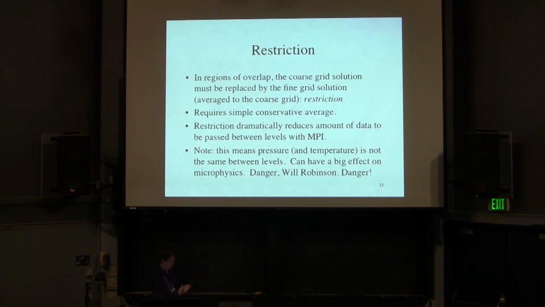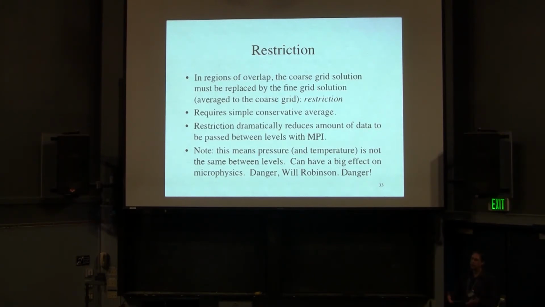Another important point to make here is that this conservative average makes sure that the conserved variables are consistent between the different levels, not the primitive variables. They're not going to be the same. In particular, the pressure is going to be different, and the temperature is going to be different, because what we're actually restricting is total energy.